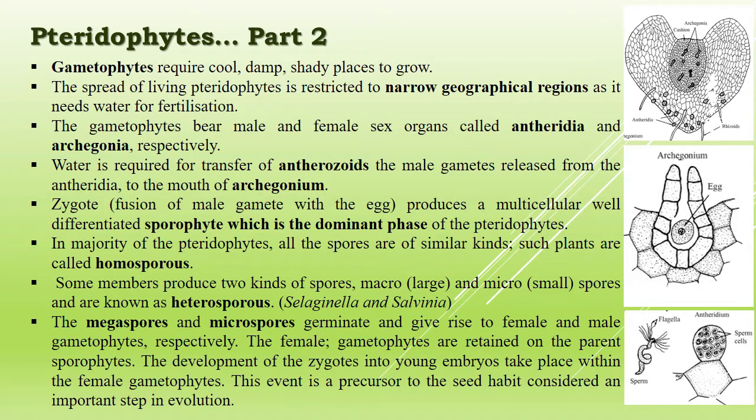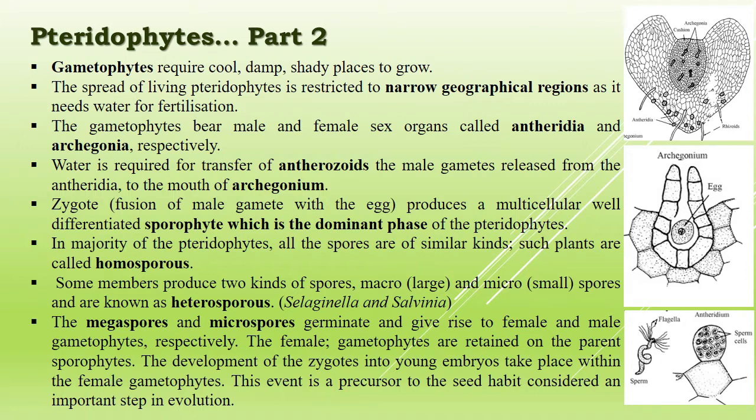Fusion of the gametes results in the formation of a zygote, which develops into an embryo. The embryo develops into a multicellular, well-differentiated sporophyte. In Heterospora species, the female gametophyte remains on the parent sporophyte for variable periods.